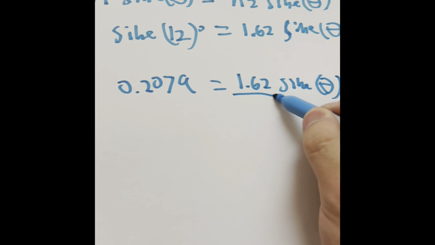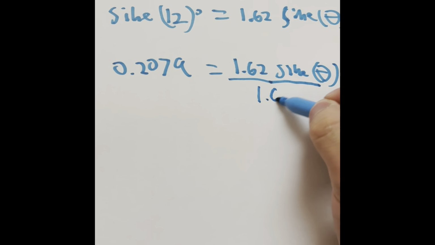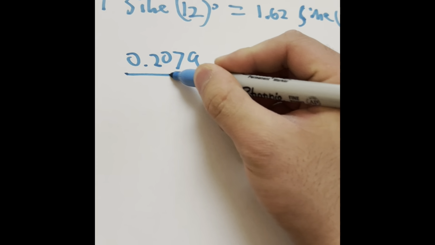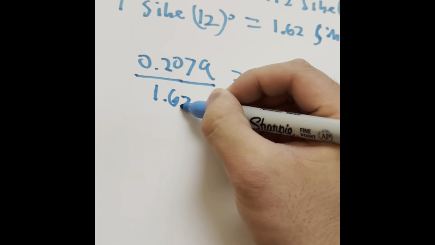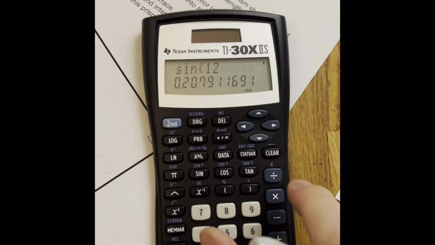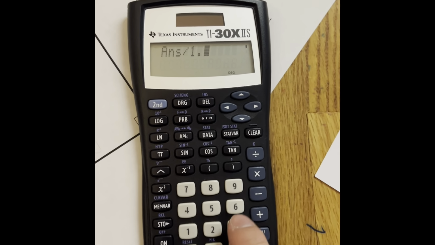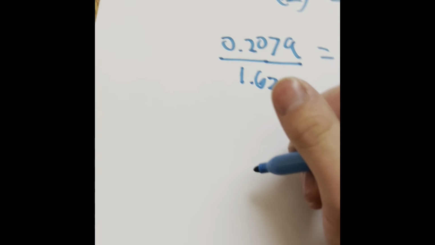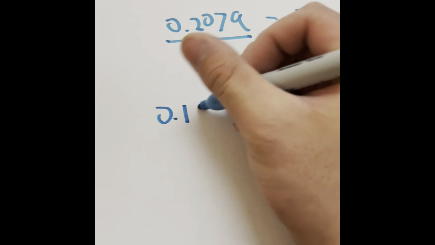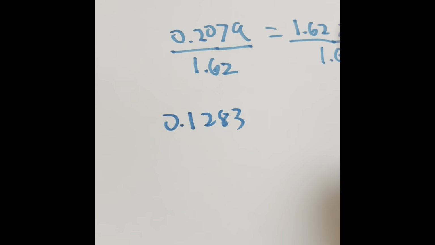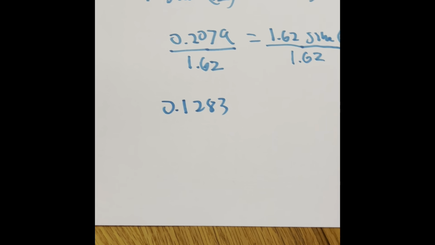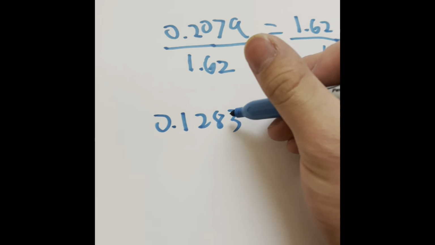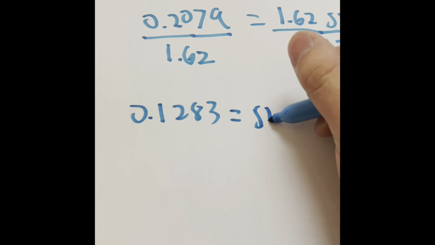Just like simple algebra, divide this side by 1.62, but also divide that side by 1.62. So on the calculator, divide by 1.62 and get 0.1283. So now the sine of theta is going to equal that.